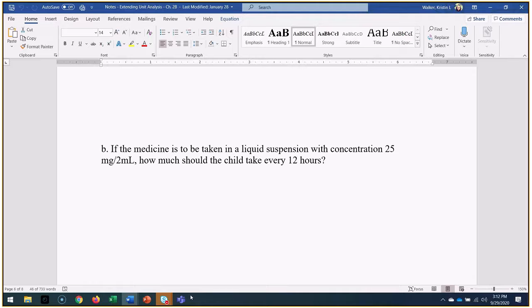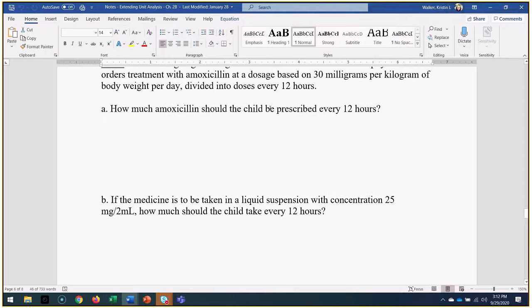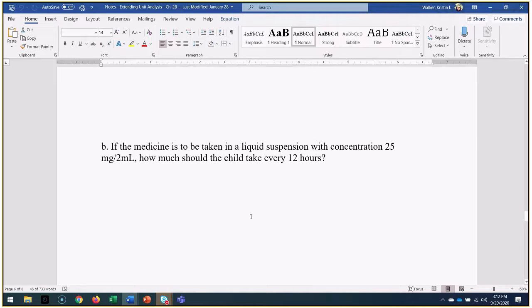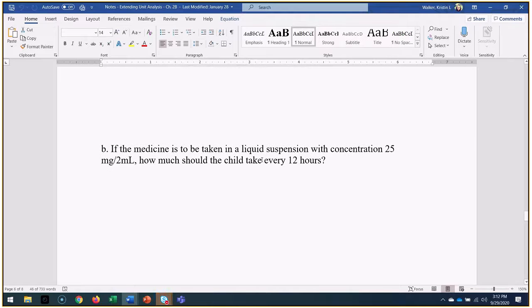Okay, so basically what's happening here is this child is a young child, can't swallow a 225 milligram pill in one shot. So what they need to do is take that pill and crush it up and mix it with liquid.